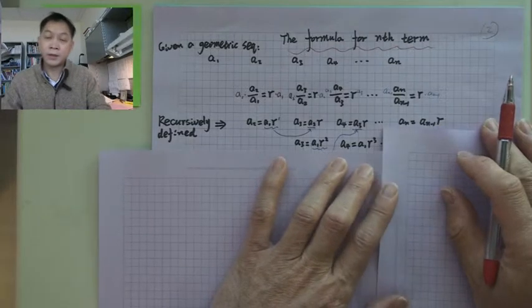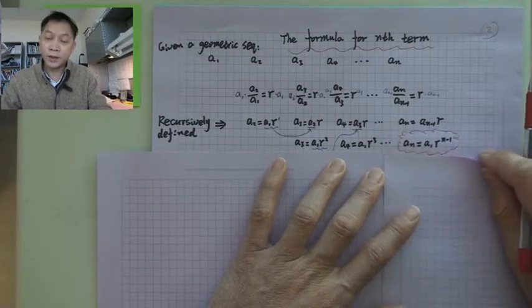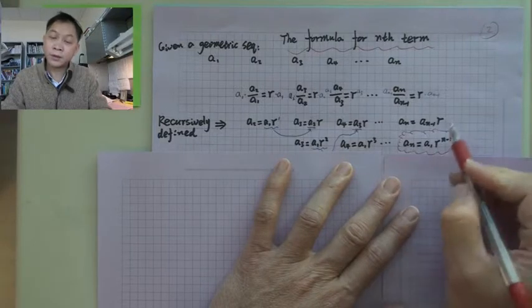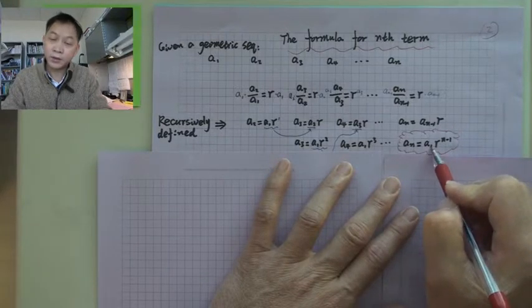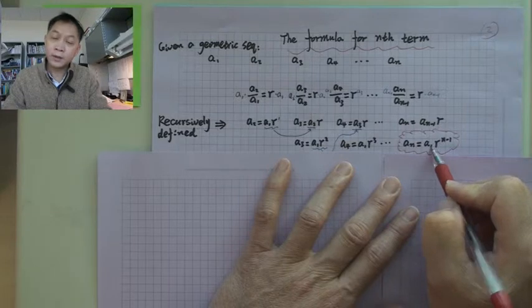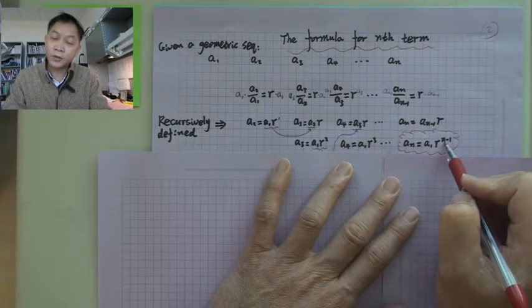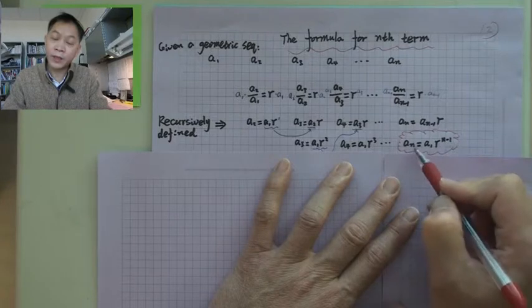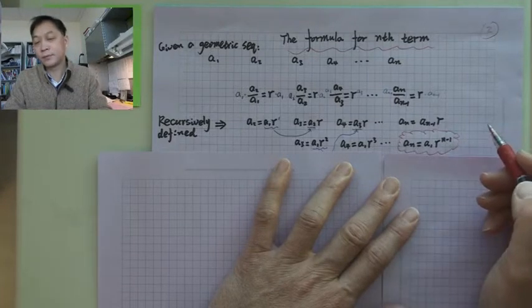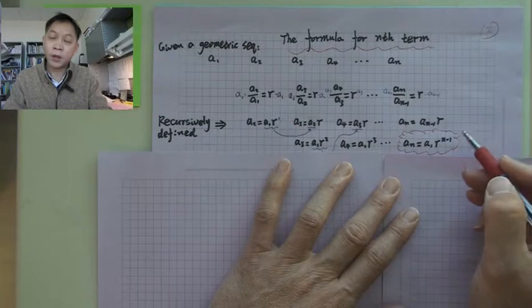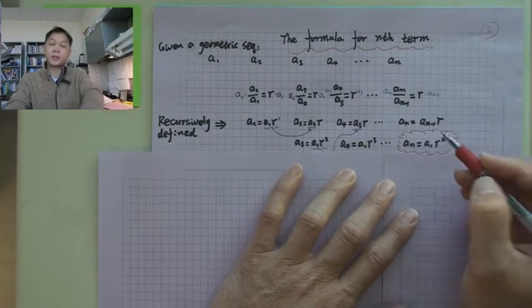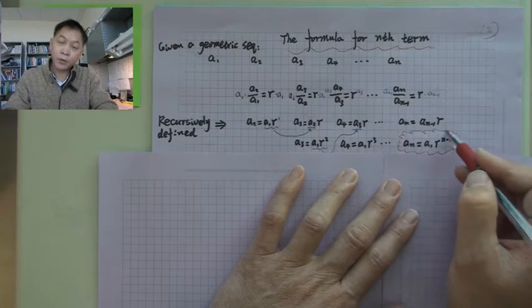Similarly, for the last one, the subindex 1 plus the exponent n minus 1, you'll get n. So this would be the formula we wanted.